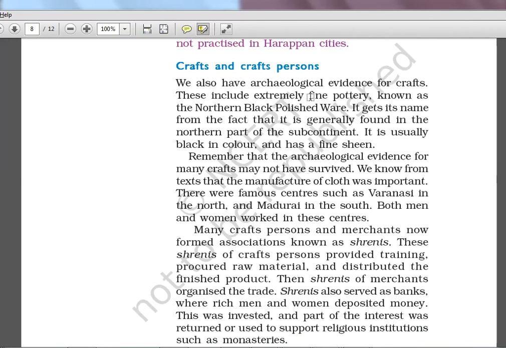So again, fine pottery, and here is a new term: northern black polished ware. If you try to recall, in the Indus Valley and the Rig Vedic period, there was red and black. Then in the later Vedic period, we had the grey painted pottery, and now we have the northern black polished ware, NBPW, which will be mentioned in most textbooks and in many notes.